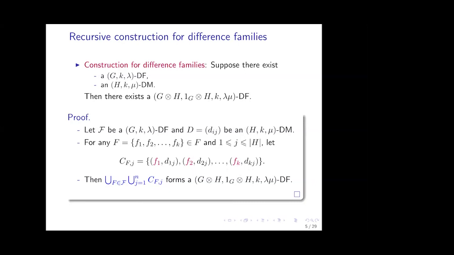It's easy to check because the first coordinates form a difference family, so all of the differences contributed by them cover all of the non-identity elements of G. And the second coordinates come from a difference matrix, so all of the differences will cover the elements of H. So it's easy to see that we have a difference family as we desired. This construction first appeared in John Nichols' paper.